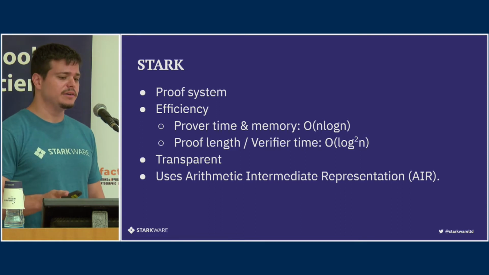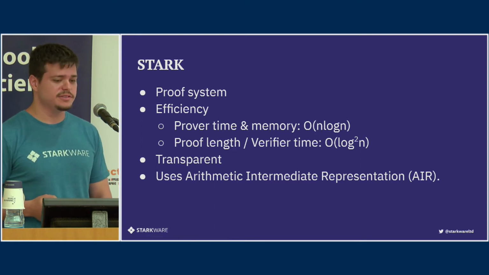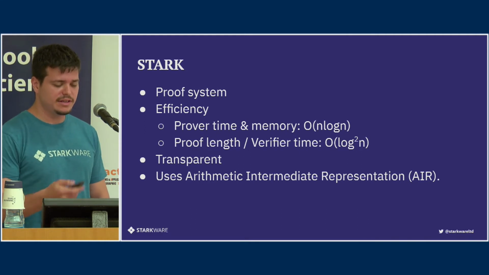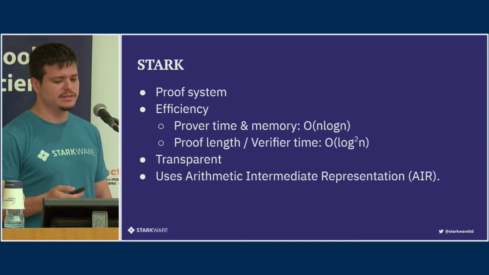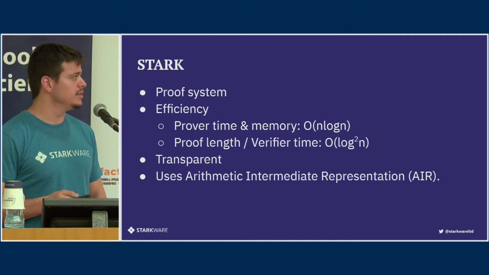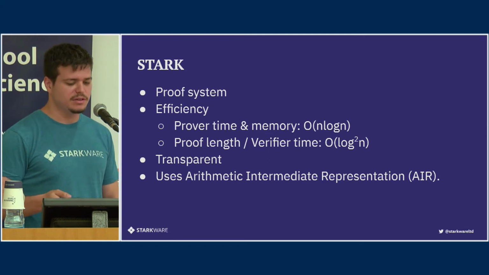Okay, so a few preliminaries. What is Stark, which is the proof system we use? Like I said, it's a proof system. It's pretty efficient in the sense that the proof time is quasi-linear, and the verifier time is polylogarithmic.